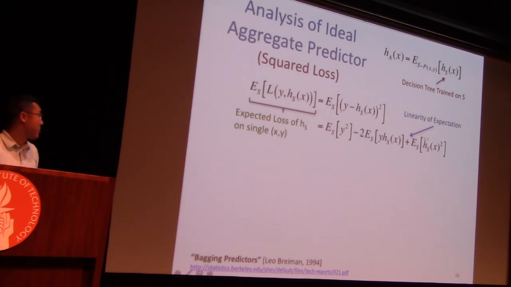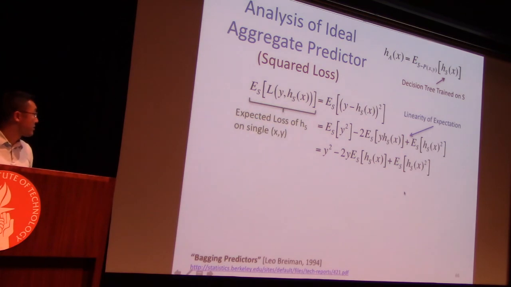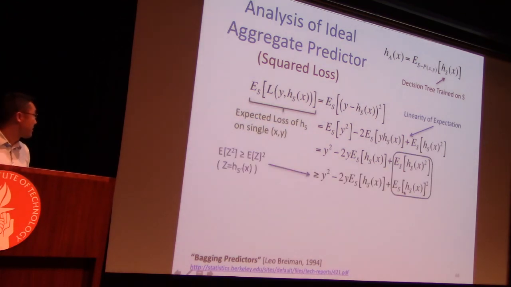I just wrote out this thing by linear expectation. Here, the y doesn't depend on the training sets, so I'm just moving terms around. I wrote out this inequality because moving the quadratic outside of the expectation creates this inequality.